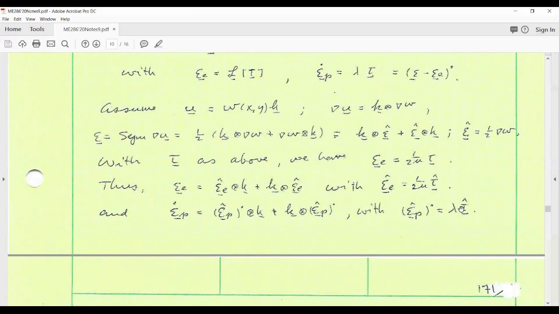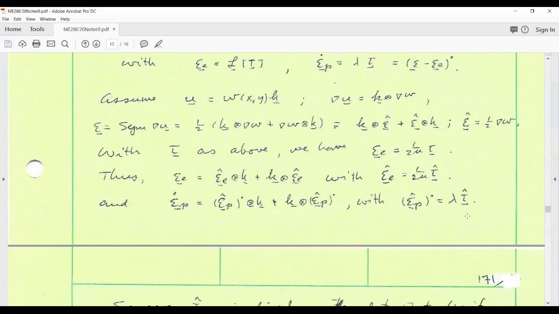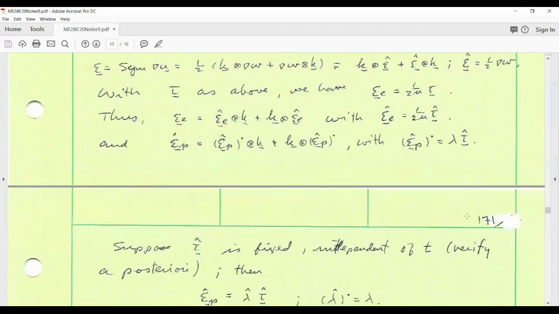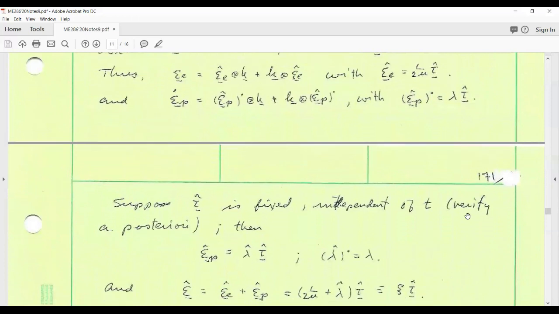Also, because of the structure of tau hat, the same kind of decomposition, the flow rule tells you that the plastic strain rate has the same kind of decomposition, where in terms of a vector epsilon hat p, whose dot is lambda tau hat. Let's proceed as we did in earlier examples, and suppose that tau hat is fixed independent of time, right?